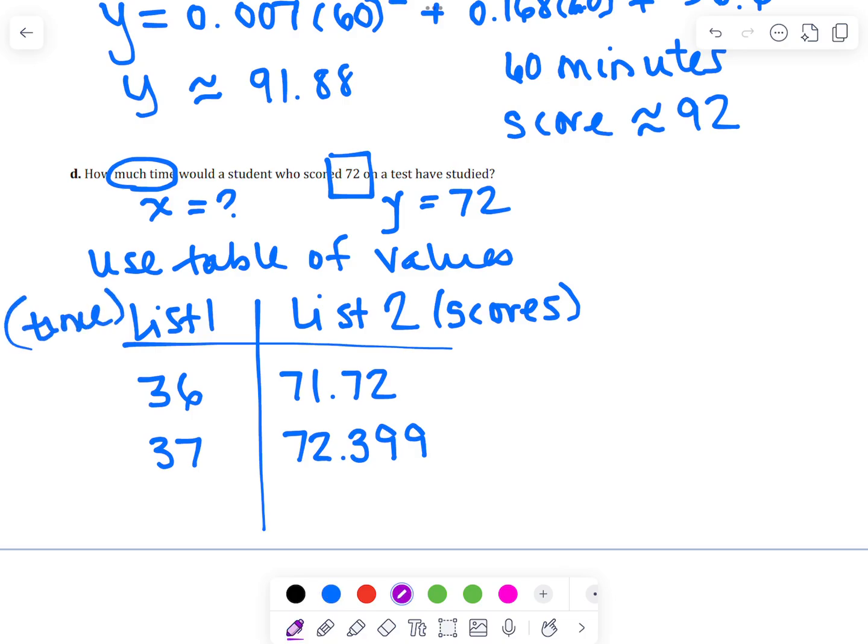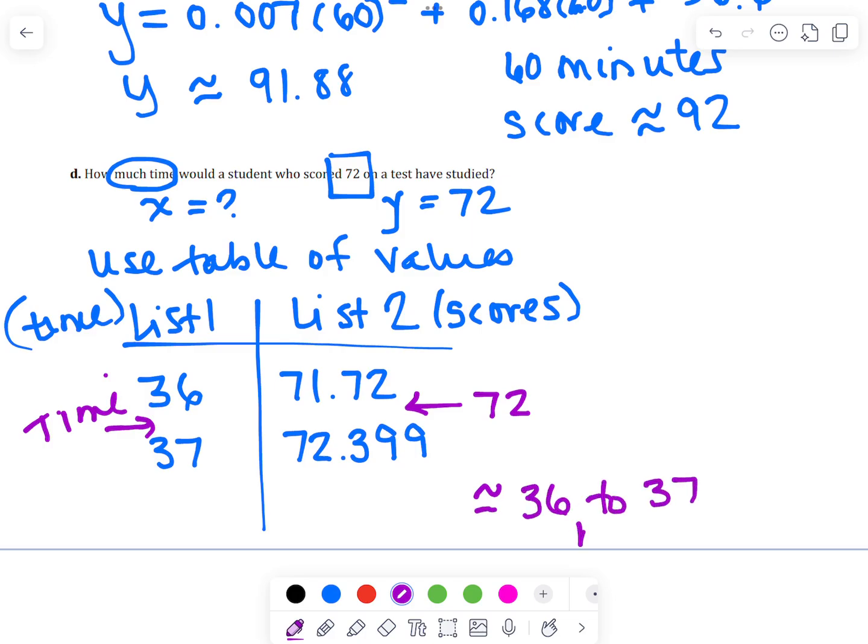So notice right here in our table that that is right between 71 and 72.3. So the time is right in between there. So about 36 to 37 minutes a student should study to get a score of about a 72.